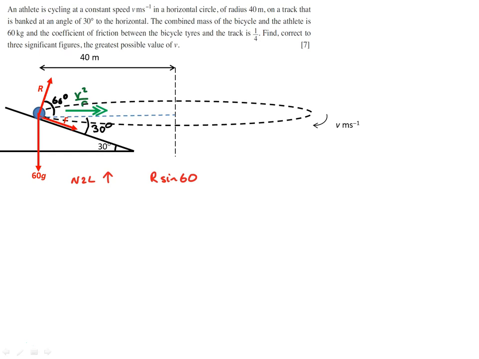That's going to be minus F sine 30, minus 60g, that's the weight, and that must equal 0 because the cyclist is travelling in a horizontal circle and there's no acceleration vertically.